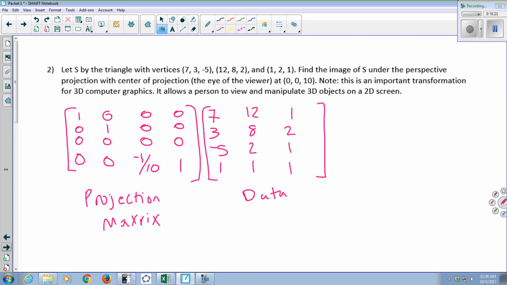All right, so we can have a calculator do this multiplication for me. This is a 4 by 4 times a 4 by 3, so my result is going to be 4 by 3.